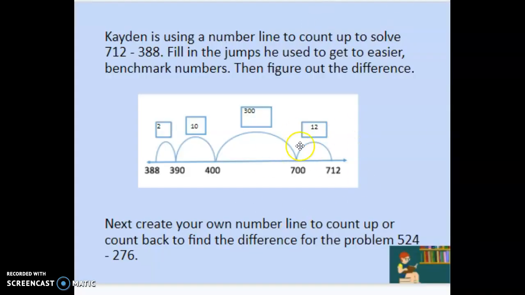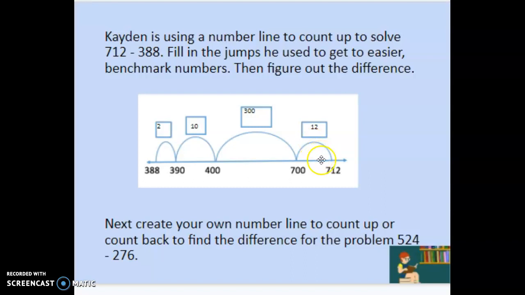And I want to make something clear to you too, and I think the way I said it earlier could have confused you just a little bit. When you're making your number line, you're always going to start over here with the smaller number, whether you're counting forward or counting backward. If you're hopping forward, you're going to go to the number that you actually have as your starting number in your problem, or your whole that we talked about the other day.